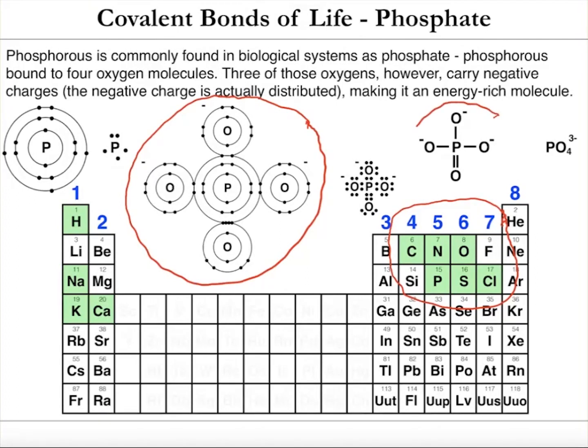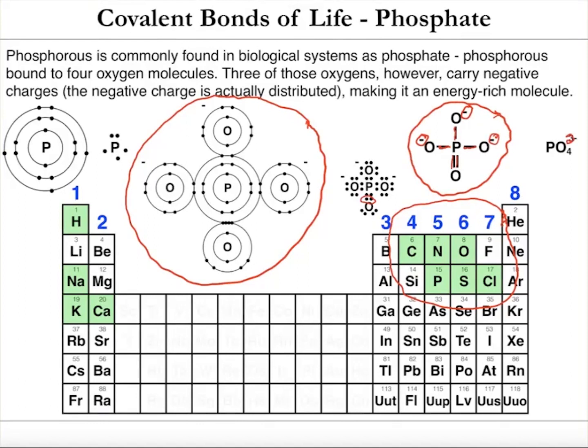This is commonly depicted as this molecule right here. It's basically phosphorus double bonded to an oxygen and then with single bonds to 3 other oxygen groups. It's not super important that you understand the details of this, but it does carry negative charges on these different oxygens.